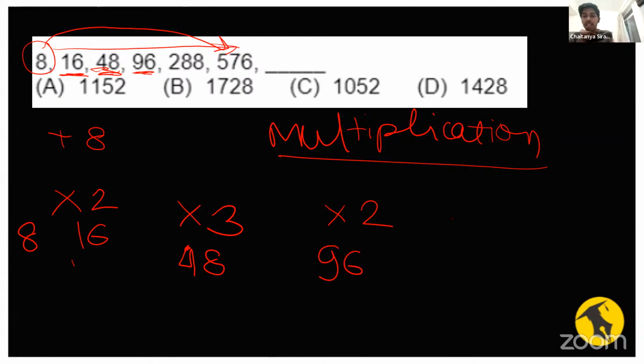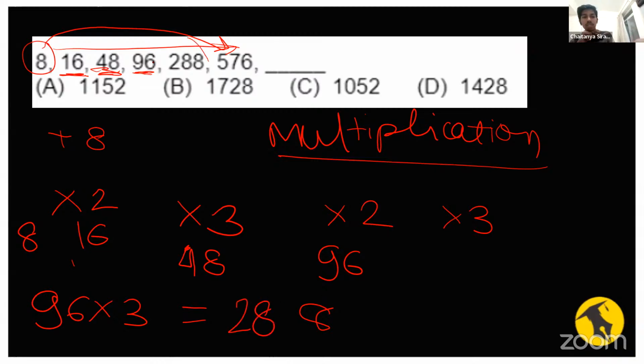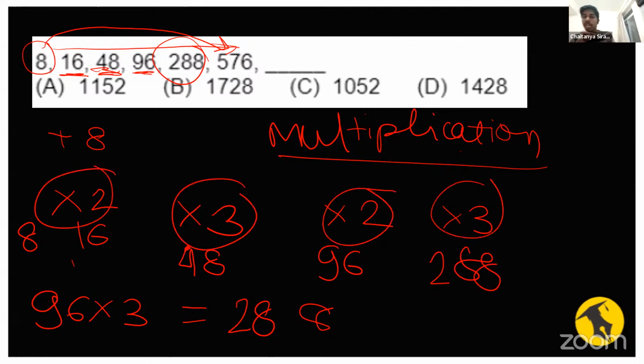So according to my theory, it should be times 3. So let's try 96 times 3. It will be 18, 1 carry, 90 plus 27 plus 1, 288. Yeah, this is the correct answer. That means my pattern of times 2, times 3, times 2, times 3 is correct.